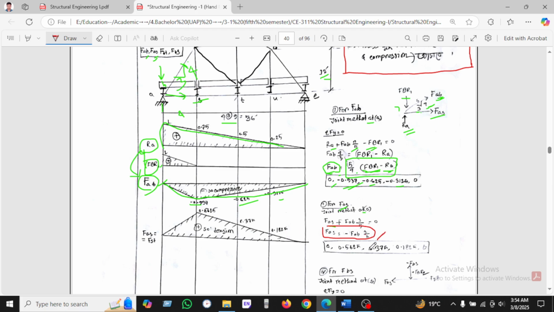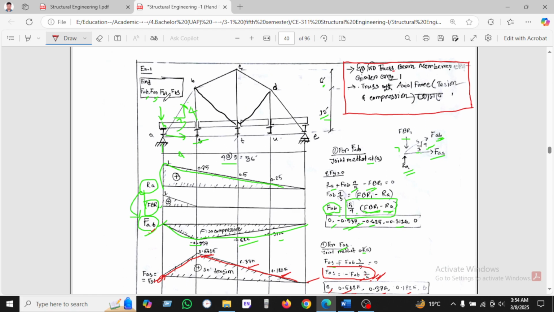If we know the FAB value, just putting in all these values times 0.36, it will be 0.0 at the first point, and the second point 0.53625, then 0.375, 0.1825, and 0. So this will be our second diagram.